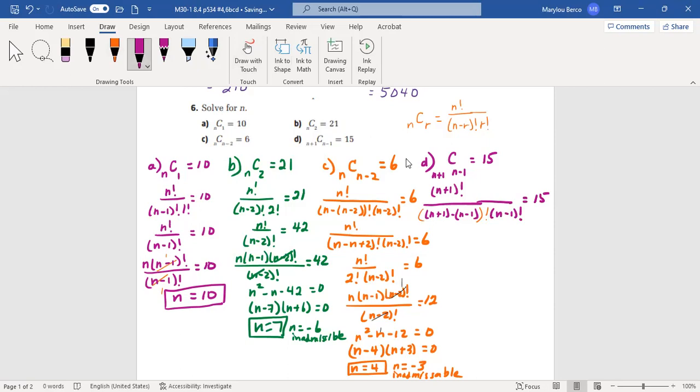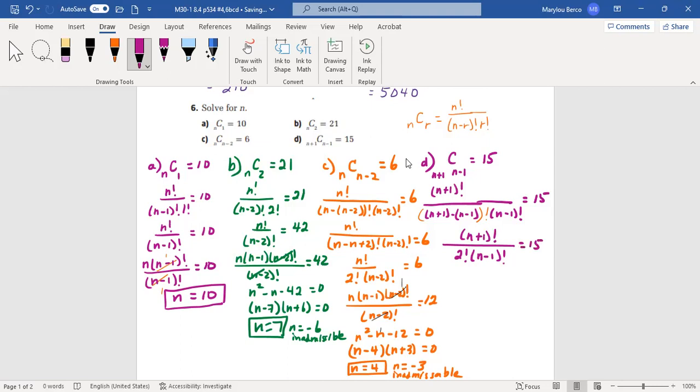Well, when we simplify all this out, we have minus n, we have plus 1, so we end up with, in the denominator, 2 factorial n minus 1 factorial, and in the numerator, we have n plus 1 factorial equals 15.